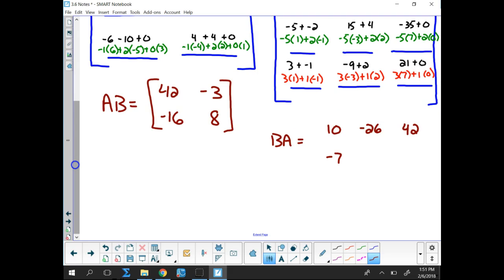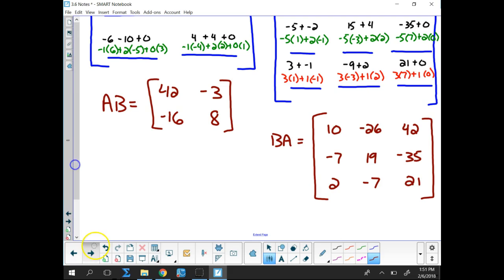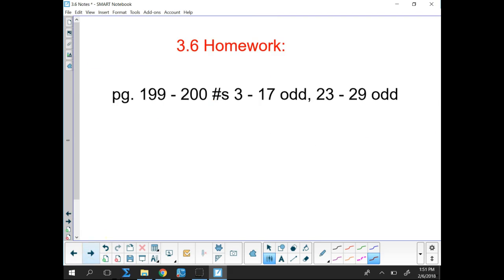Negative 7, 19, negative 35, 2, negative 7, 21. Negative 26, 42, negative 7, 19. 2, negative 7, 21. Yes. Agreed? Okay. Order matters when you're doing matrix multiplication.